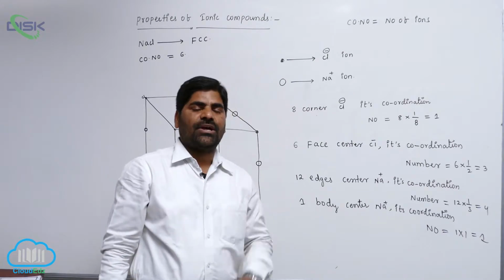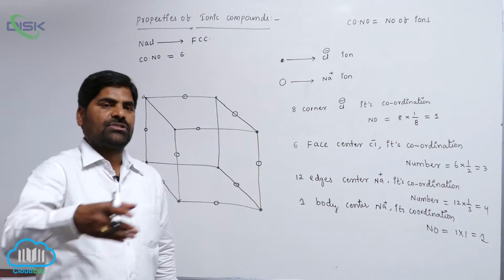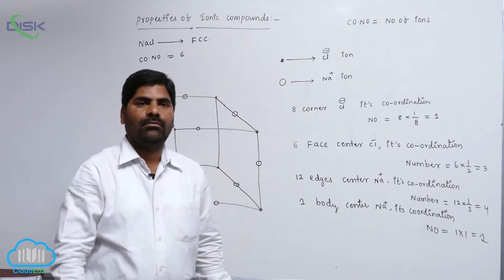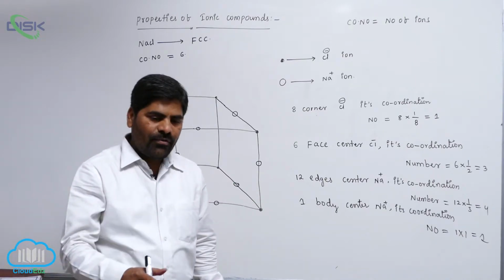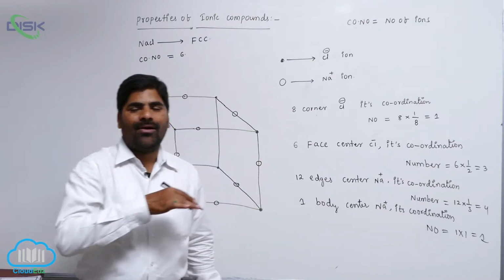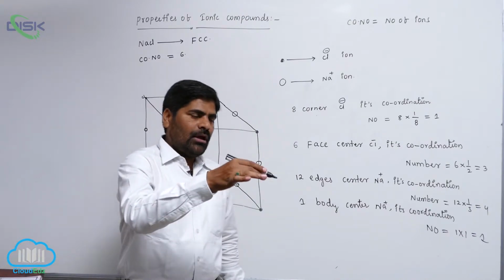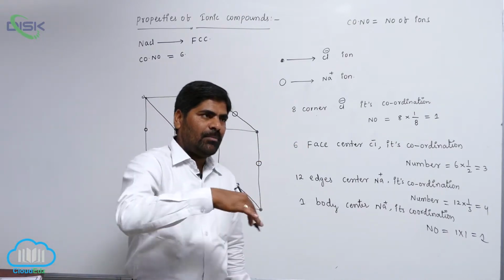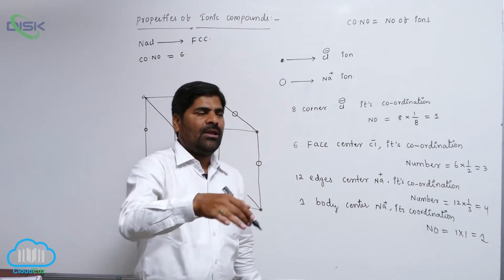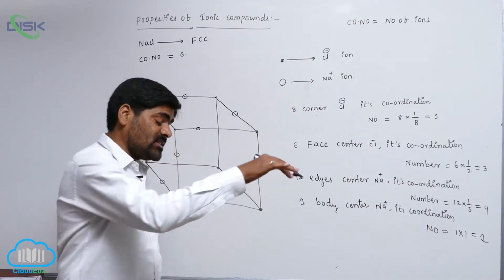In the FCC structure, around a Na plus ion, 6 chloride ions are surrounded. In the same way, around a Cl minus ion, 6 Na plus ions are surrounded. Around Na plus, 6 Cl minus; around Cl minus, 6 Na plus ions.